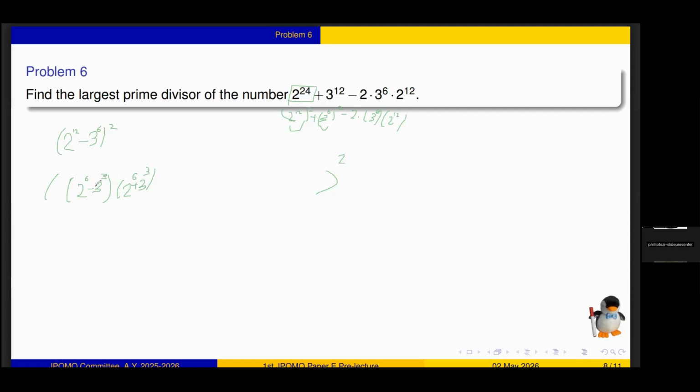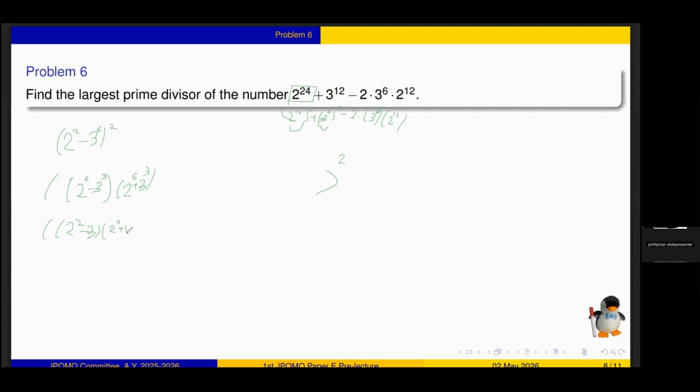So we can use then the difference of cubes here and the sum of cubes here, where 2 squared and 3 are these. So we have 2 squared minus 3 times 2 to the 4 plus 2 squared times 3, which is 12, plus 3 squared, which is 9.